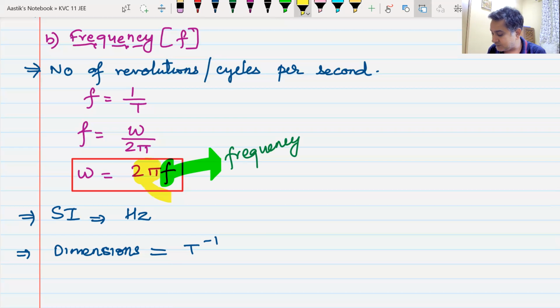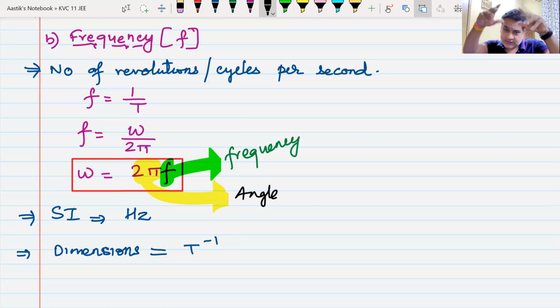Omega, my dear friend, is definitely nothing but an angle. So basically, to get the value of omega, I have multiplied one angle with frequency. Angle, frequency.